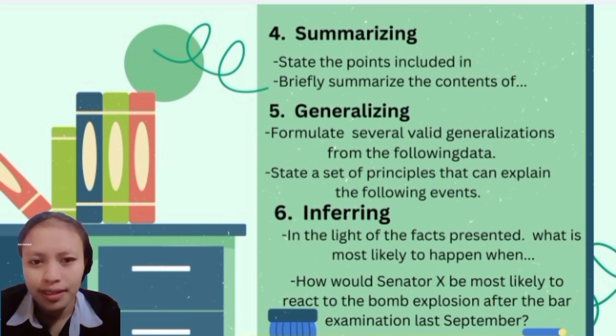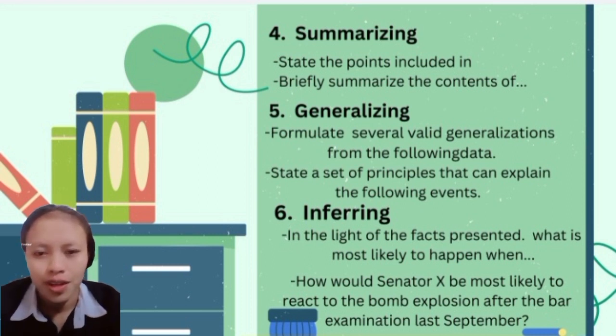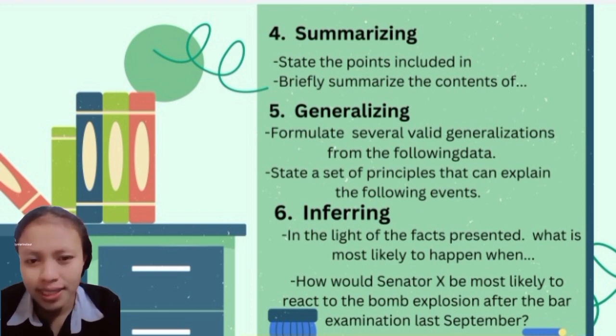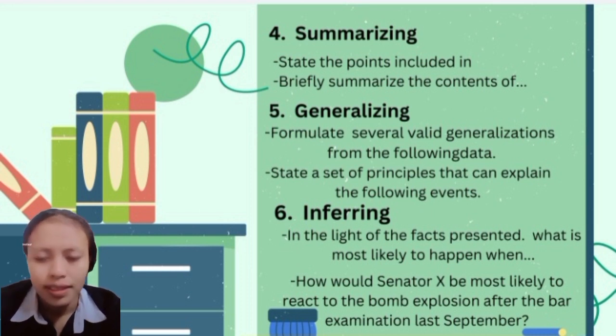Next is summarizing. A summary is a synthesis of the key ideas of a piece of writing, restated from your point of view, or in your own words, that is summarizing. The next one is generalizing.